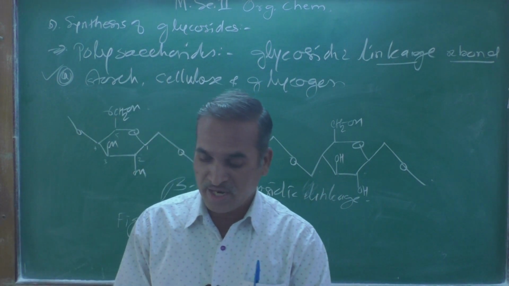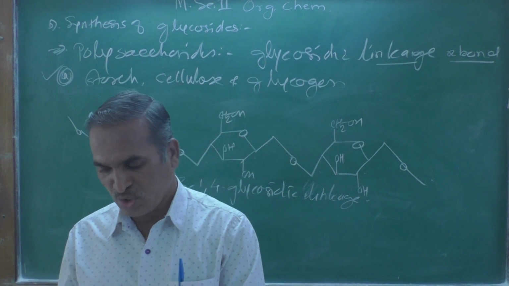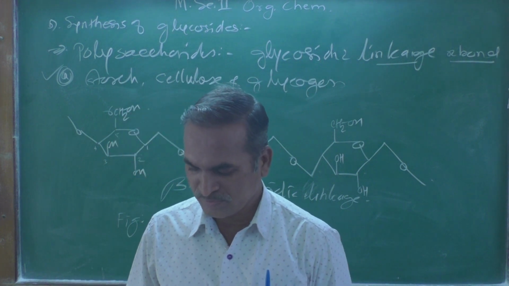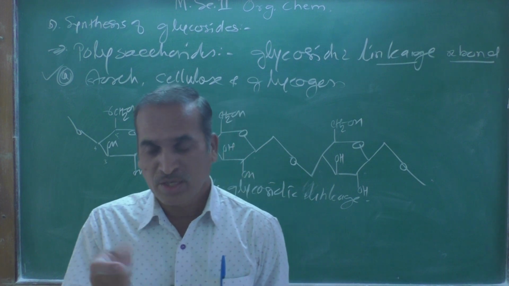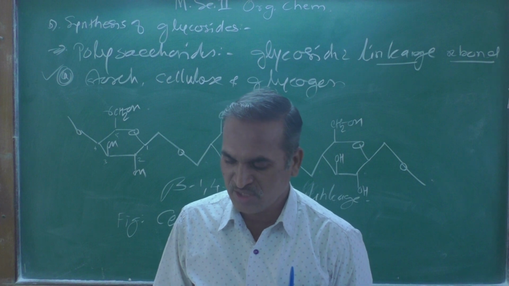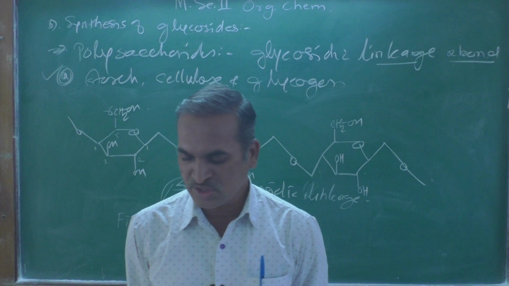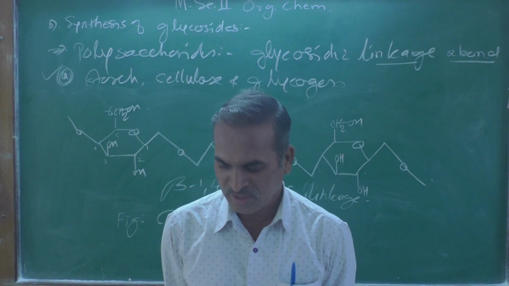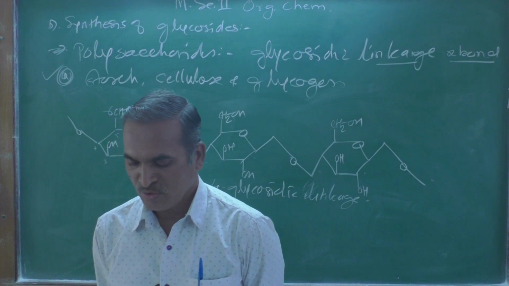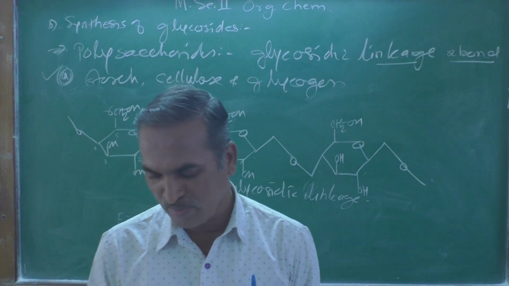This implies that the beta 1,4 glycosidic bond is very strong and difficult to hydrolyze. Humans do not have an enzyme which can hydrolyze this linkage. Hence, cellulose cannot be digested by human beings, and it serves as the fibrous content of food useful for bowel movement. So this is all about that one.